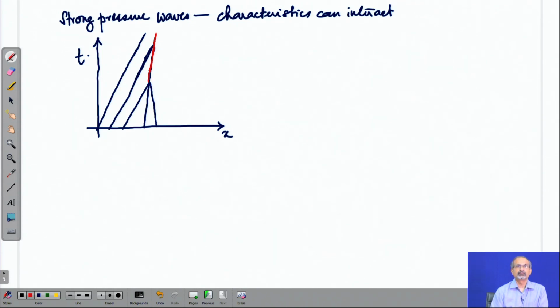So, we are marking the shock formation with a red line, and we are seeing that characteristics are interacting with each other, forming the shock wave.